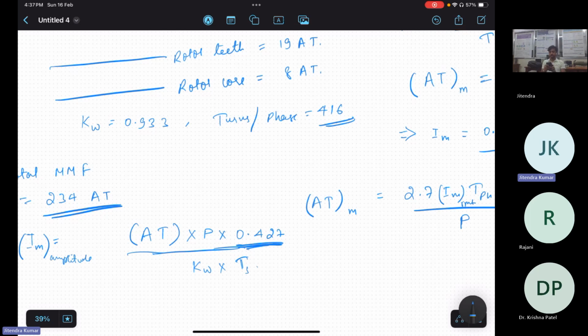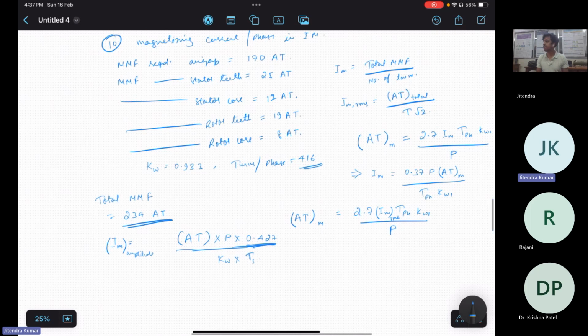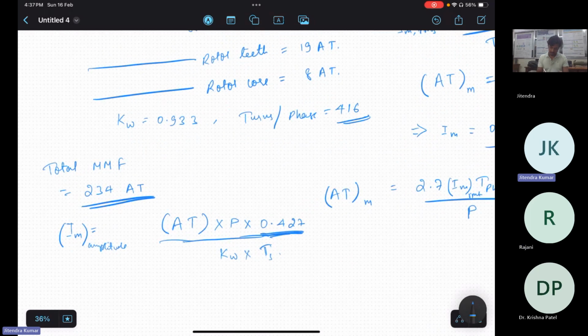Okay, I hope you are getting till this point, right? Yes, sir. Ampere turns is 234.